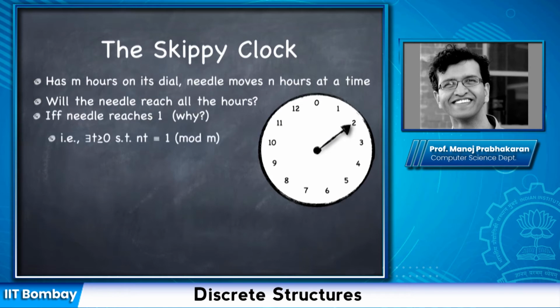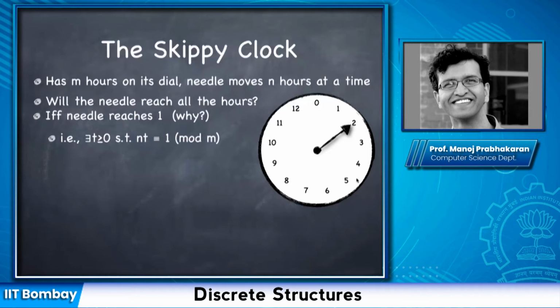And what does it mean to reach 1? It means there is some number of steps, t steps you can take, such that at each step you move n numbers clockwise. You would have reached nt, except you are working modulo m.